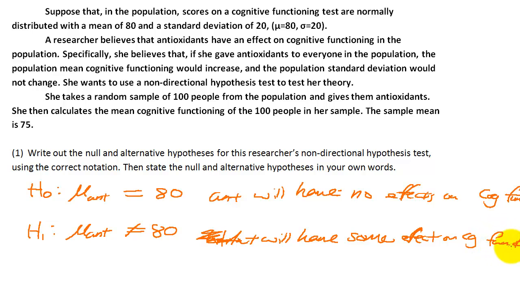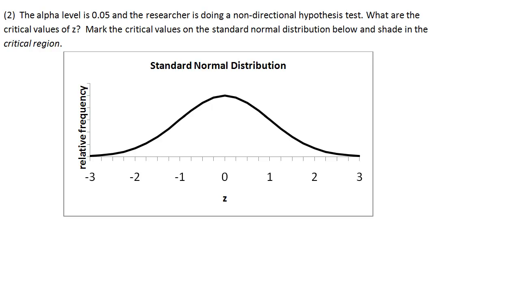The alpha level is 0.05, and the researcher is doing a non-directional hypothesis test. What are the critical values of Z? Mark the critical values on the standard normal distribution below and shade.